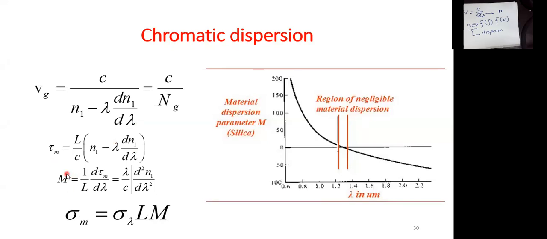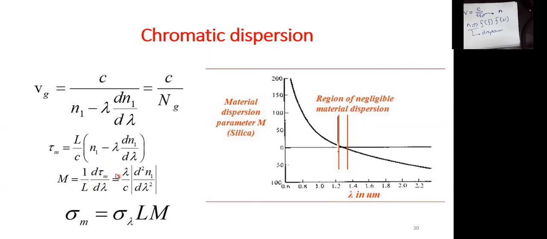Finally, we have this M term. This M term represents 1 over speed. As you can see, it's time over length. So it is some sort of a mathematical variable used to describe the optical fiber. It's called 1 over L d tau by d lambda.